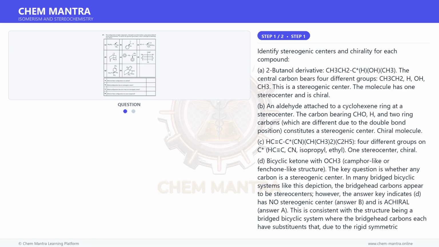The key question is whether any carbon is a stereogenic center. In many bridged bicyclic systems like this depiction, the bridgehead carbons appear to be stereocenters.